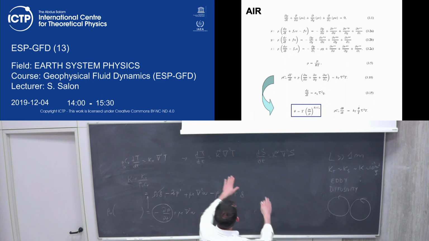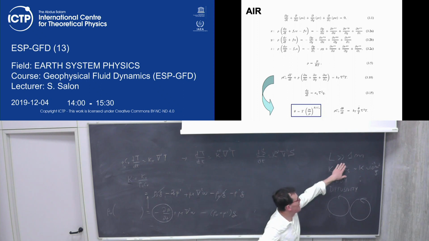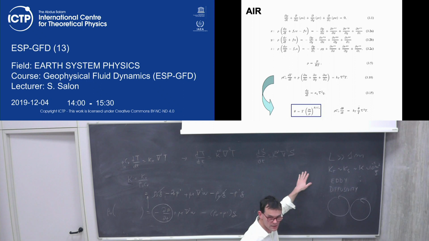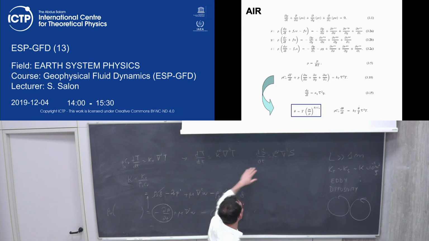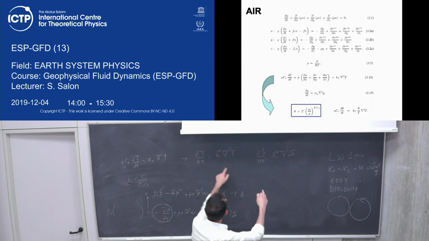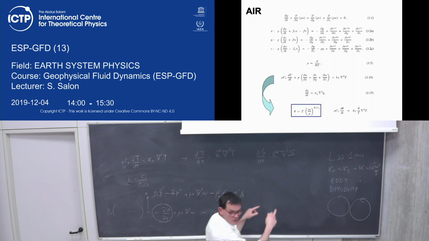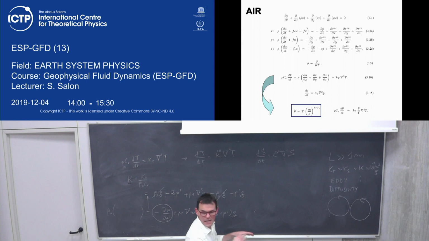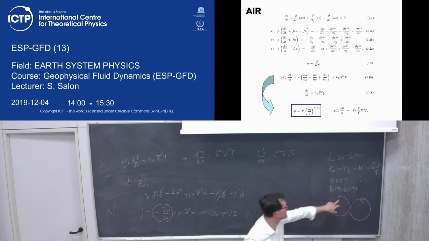Okay, so if we consider larger scale motion, these two can be considered equal, because the way temperature and salinity evolve in time with respect to diffusion is more or less the same and is related to eddies.